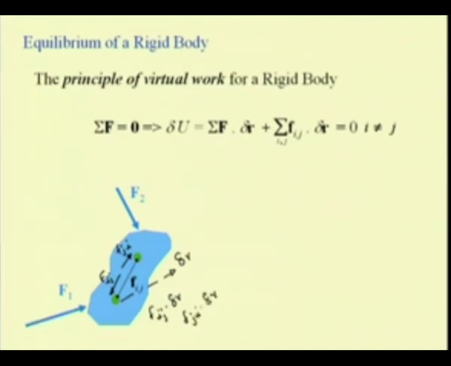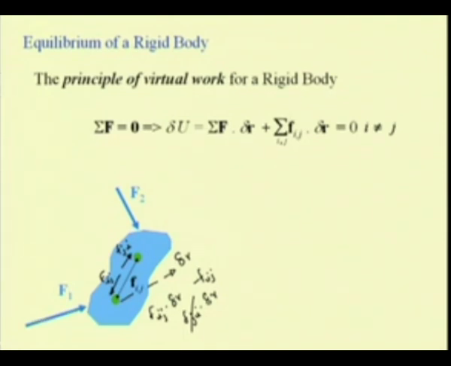But we know that Fji is equal to minus Fij, because these two forces are equal and opposite. So, we see that the work done, Fij dot delta r minus Fij dot delta r, becomes 0.